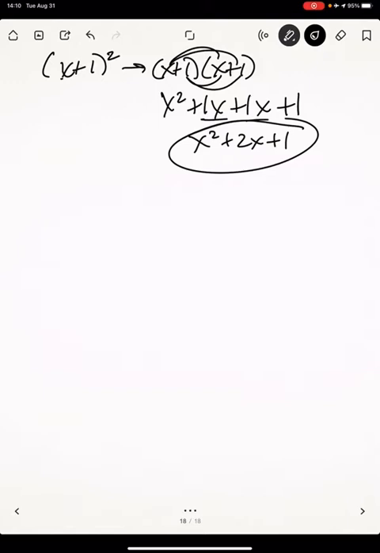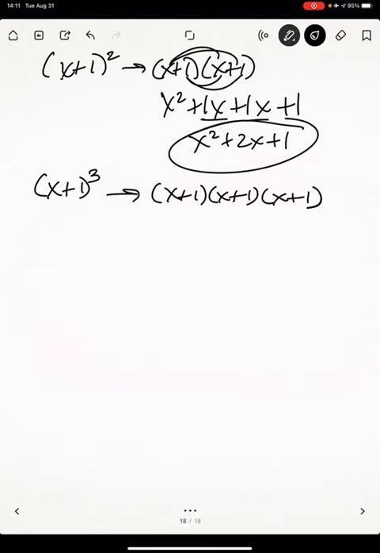But what if we have x plus 1 to the third power? Essentially, we would rewrite it as x plus 1 times x plus 1 times x plus 1. A few years ago, I had a student that chose to do it this way. I don't recommend it because, just like with double distributing, you might miss a term.